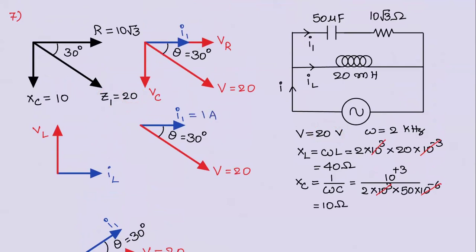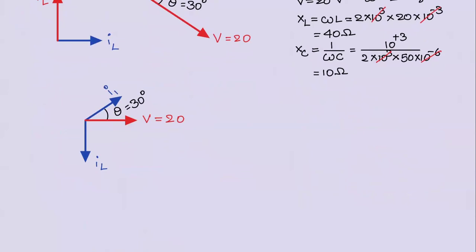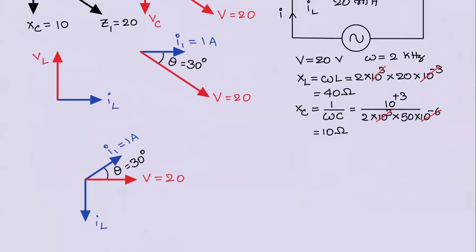Because this upper part of the circuit has voltage 20 and impedance 20, I1 is equal to 1 ampere. What is IL? IL is easy to calculate. IL is equal to V by what? XL, 40. What is the value? 1 by 2. Now IL is equal to 1 by 2 ampere.